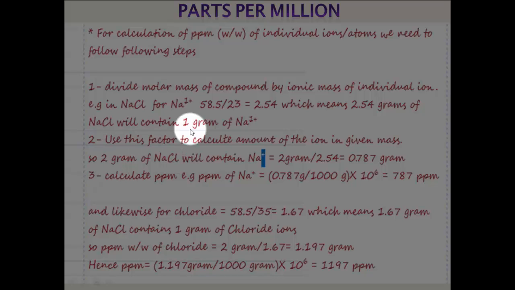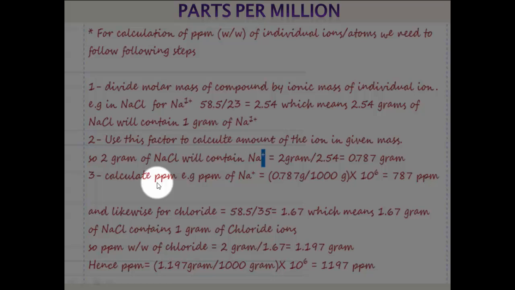So if 2.54 grams of sodium chloride contains 1 gram of sodium, then how much will be there in 2 grams of sodium chloride? So 2 grams of sodium chloride will contain sodium ions: 2 divided by 2.54 equals 0.787 grams. So here what we can conclude is that 2 grams of sodium chloride have 0.787 grams of sodium ions.